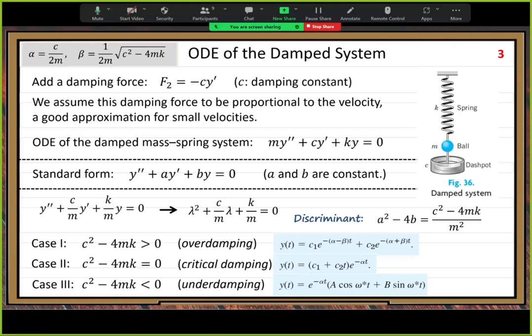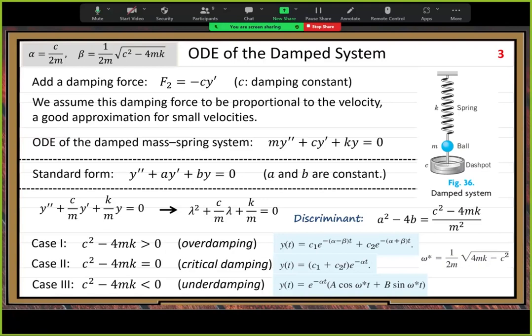Because the discriminant is less than 0, taking the square root gives an i, so we switch the sign, and then taking the square root gives no i.